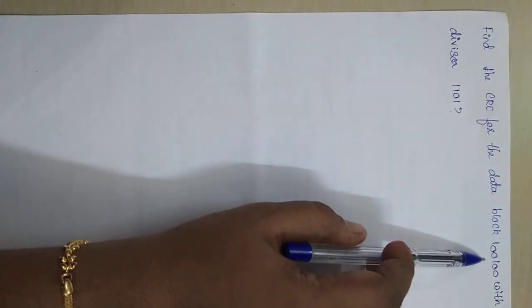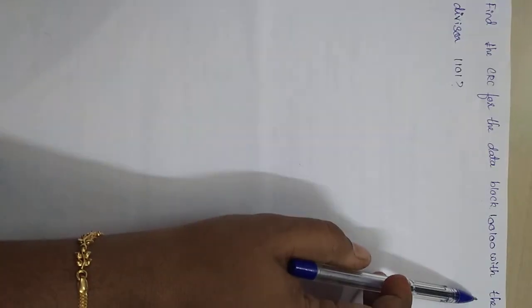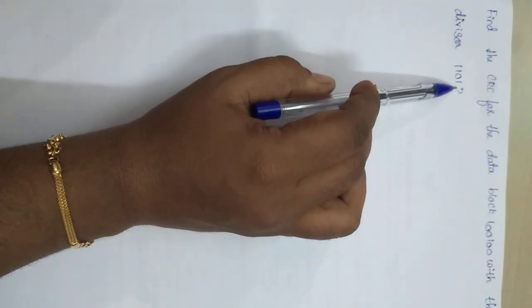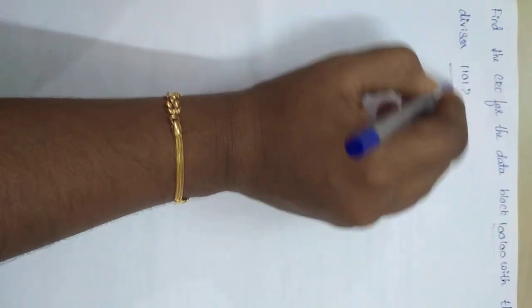Let's solve the first question. Find the CRC for the data block 100100 with the divisor 1101. This one is the data block and this one is the divisor part.